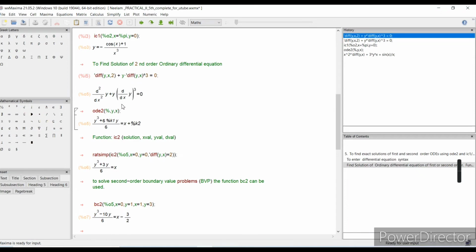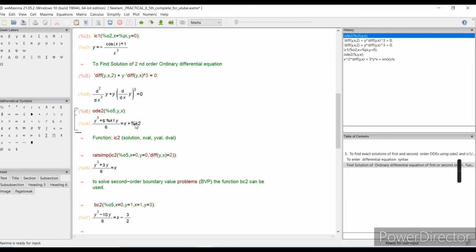Now you want to find the solution, and the syntax is ode2. You write the label of this differential equation, that is output 5, and y, x. Its solution is y cube plus 6 k1 y by 6 is equal to x plus the second constant k2, with the percent sign.